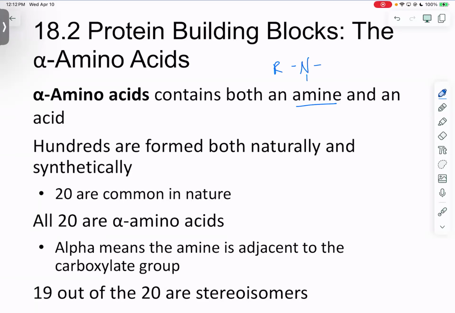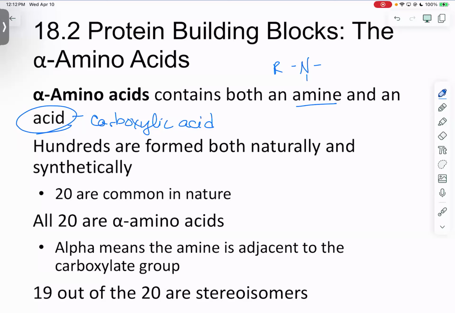If it's protonated, it's positive. Sometimes it's non-protonated, so it only has 3 bonds. That's an amine group. And an acid, but what kind of an acid? Carboxylic acid. So we have two groups, the amine and the carboxylic acid, and so we call them amino acids.